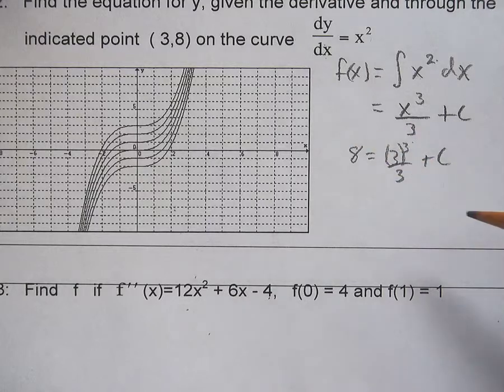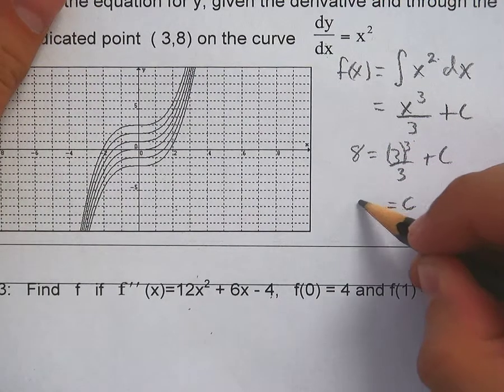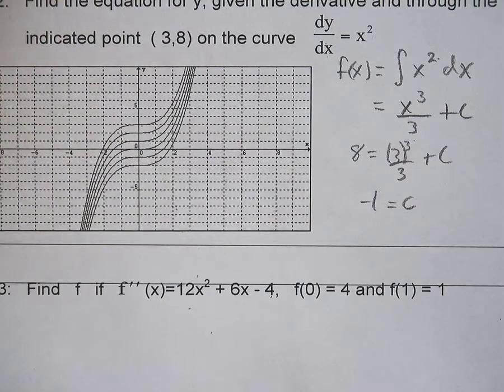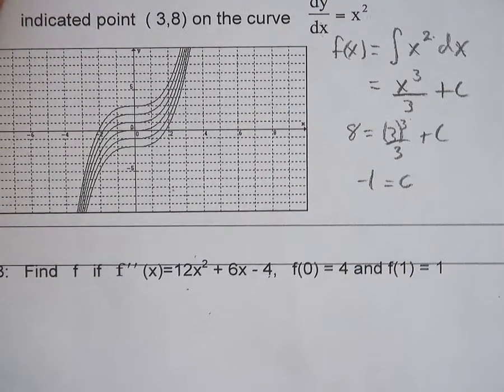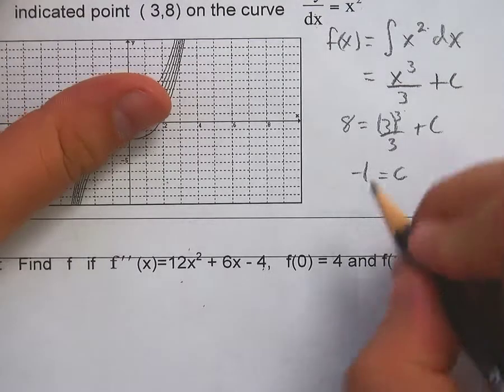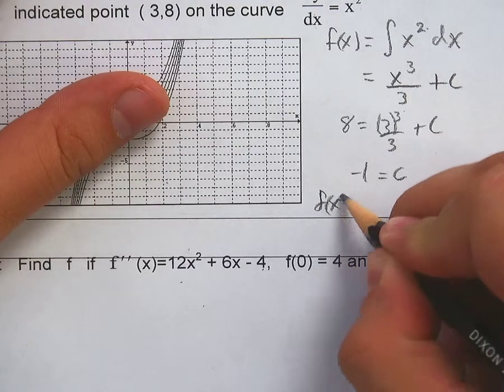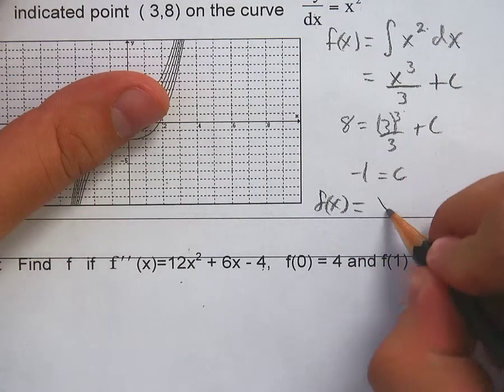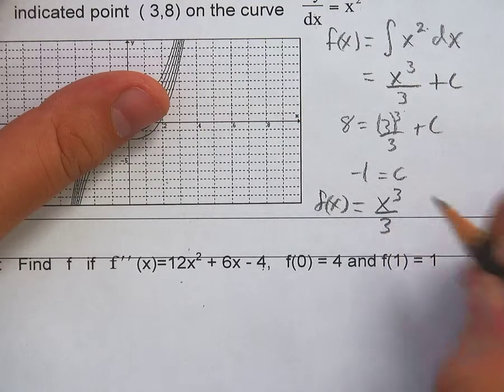So subtract your 9 over there. C is -1. So now all I have to do, and I'm sorry for these 2 lines on the paper, is rewrite my equation. f of x is x cubed over 3 minus 1.